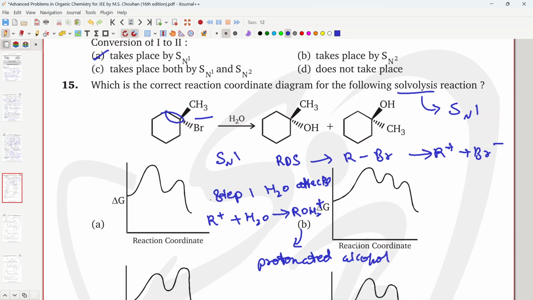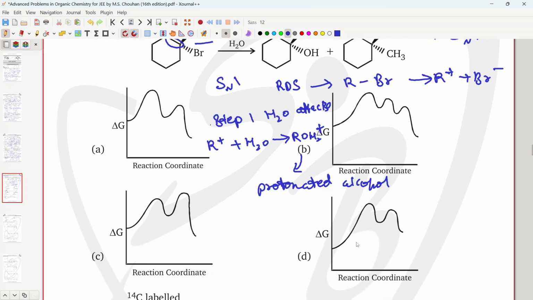This is of course a fast step. Then another fast step, deprotonation, which will leave us with ROH.